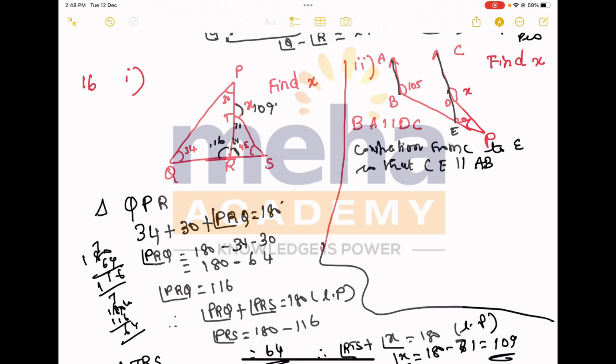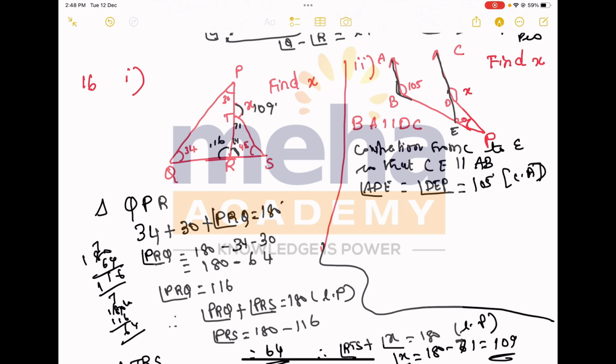If that is the case, then we know that angle ABE will be equal to angle DEP, which is equal to 105 because of corresponding angles.